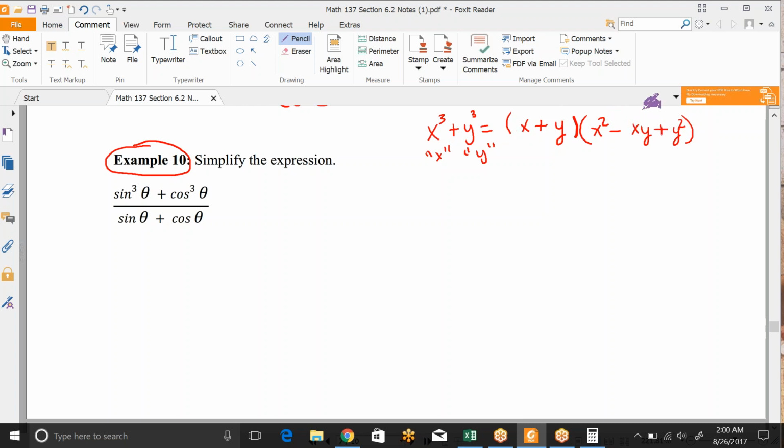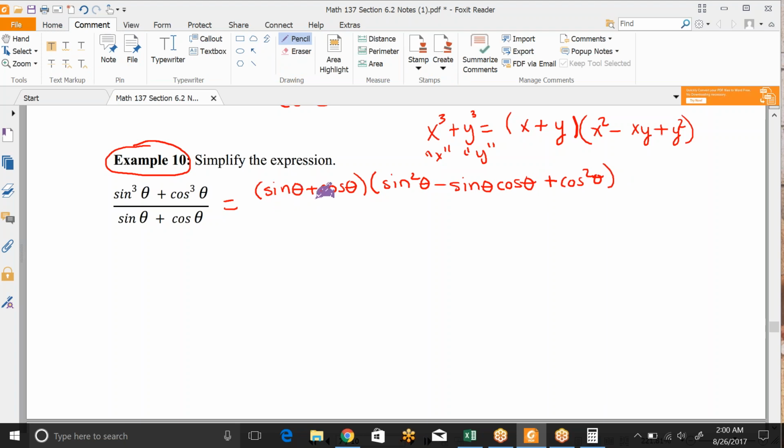Same, opposite, always positive. So notice this is the same exact thing, except this x is a sine and the cosine is the y. So this would be sine theta plus cosine theta times sine times itself would be sine squared. And then in the middle, we would get a minus sine theta cosine theta. And then plus cosine squared theta.